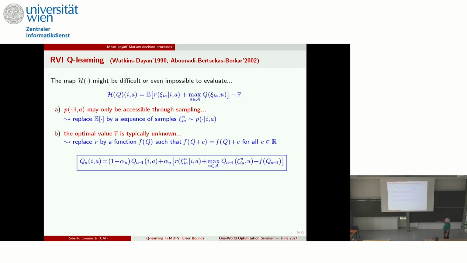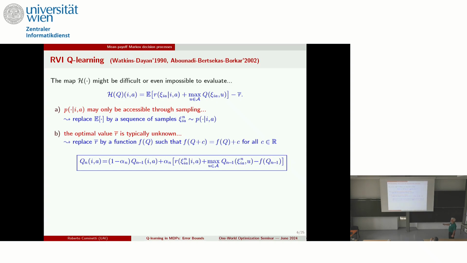So what Abounadi, Bertsekas and Borkar suggested for that case is to replace R bar by a function of Q with some properties of homogeneity, which just takes out the constants. So if I take f of Q plus a constant, the constant comes out. And then do a fixed point iteration for this HQ by this mean.